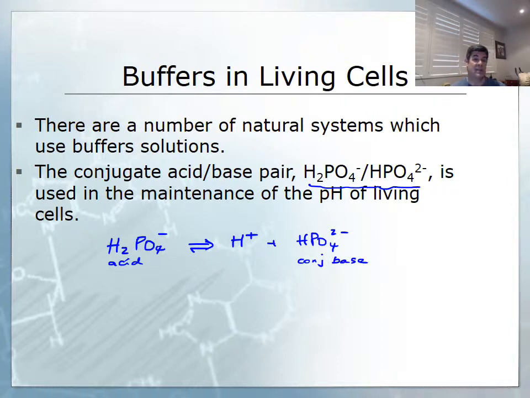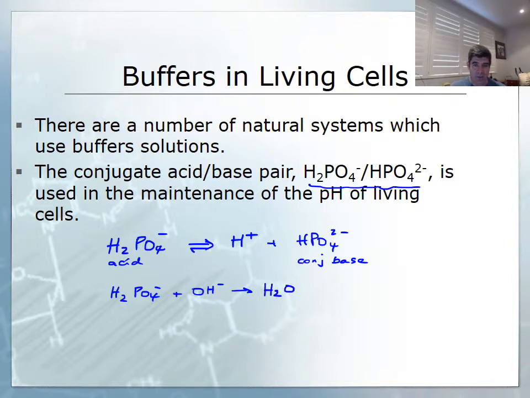So how is this system capable of resisting changes that occur in the pH of living cells? Well, the easiest way to do that is to have a look at what happens in each situation when we are looking at the addition of, say, OH- ions here. If we add OH- ions, then this equilibrium is going to shift in such a way as to produce water molecules.